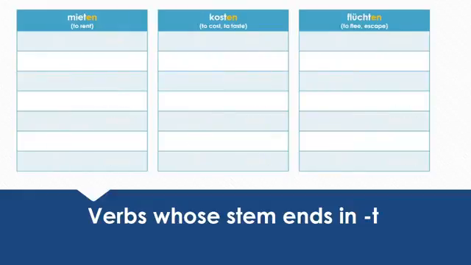Let's take a look at the next three verbs. Mieten, to rent. Kosten, which can be to cost money, or to taste something. And flüchten, to flee or to escape. Ich miete. Du mietest.